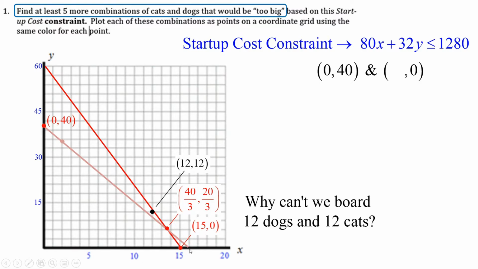And that point looks like 16, 0, but let's double check that. So if y equals 0, 80 times x would have to be 1280. And 1280 divided by 80 is 16. So that's it right there. So find at least 5 more combinations of cats and dogs that would be too big based on this startup cost constraint.